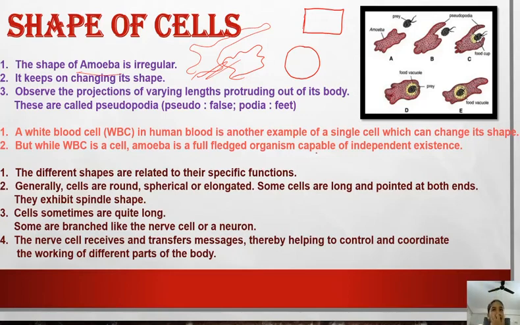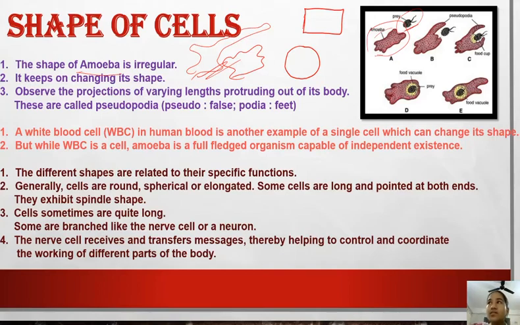Pseudopodia. So what are these pseudopodia? This is the amoeba and it's irregular in shape. All living organisms need food to eat, right? Whenever it sees its prey, it starts acting like a predator and jumps to grab it.